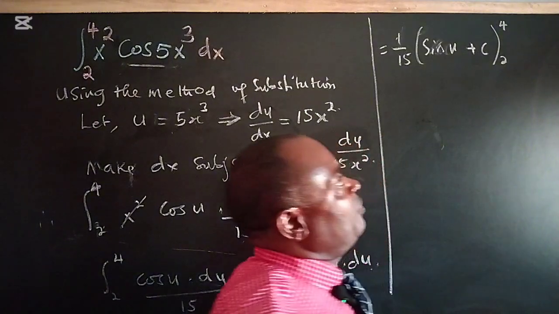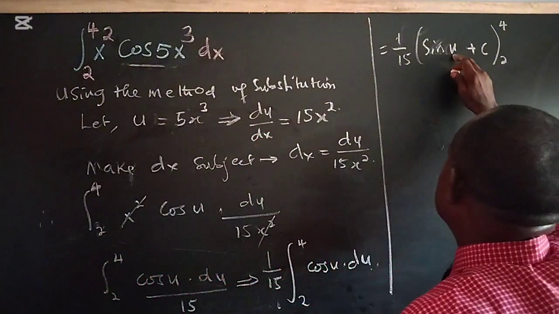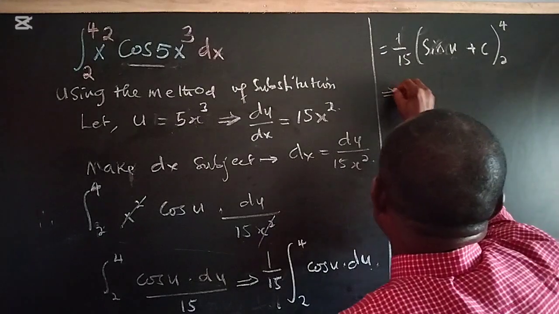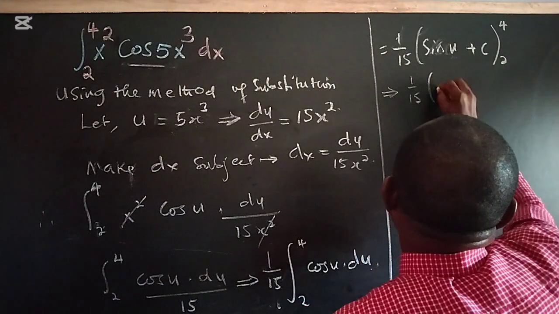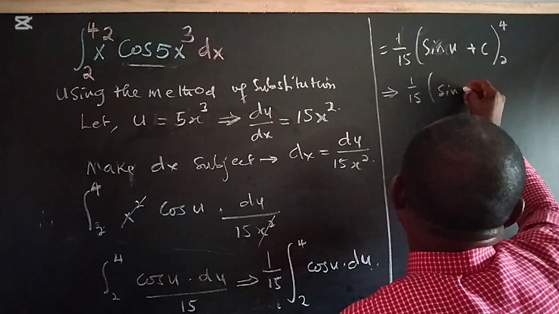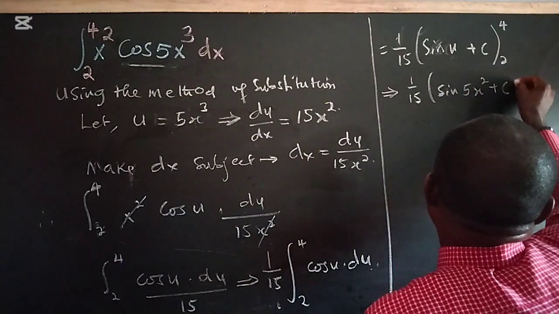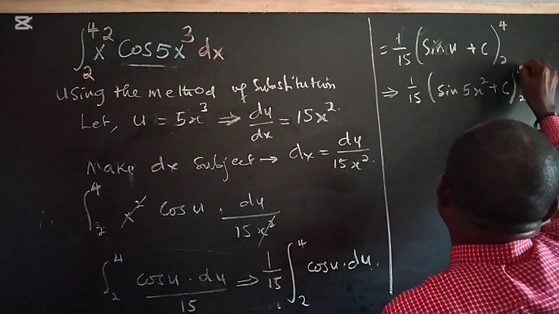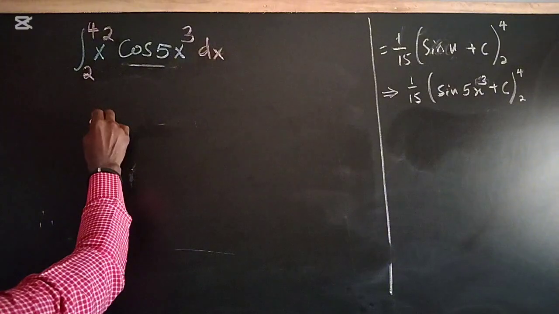All right, so we finished the integration now, and then since we brought in this u, we substitute. So what it means is that 1 over 15 into sine 5x cubed plus c from 2 to 4. So the next thing, we're going to consider the limit.